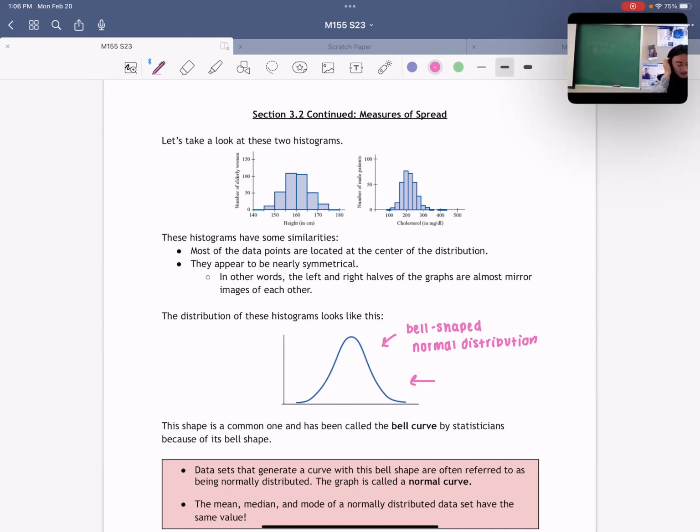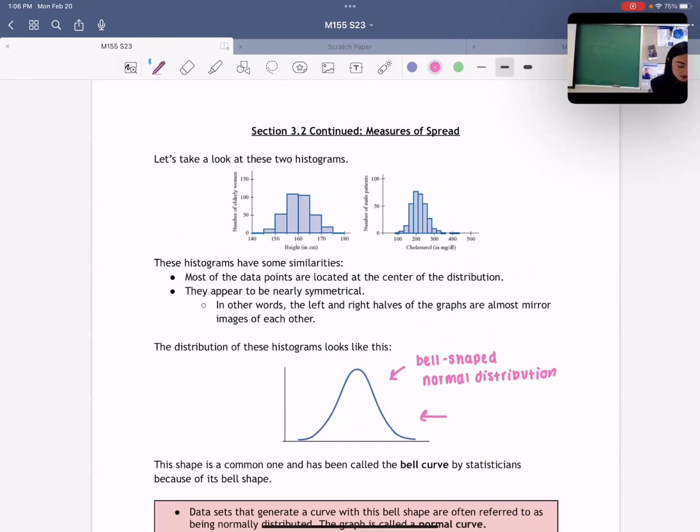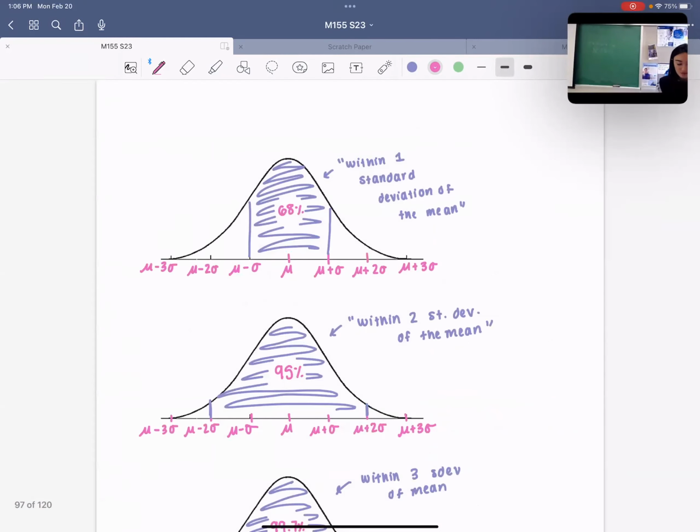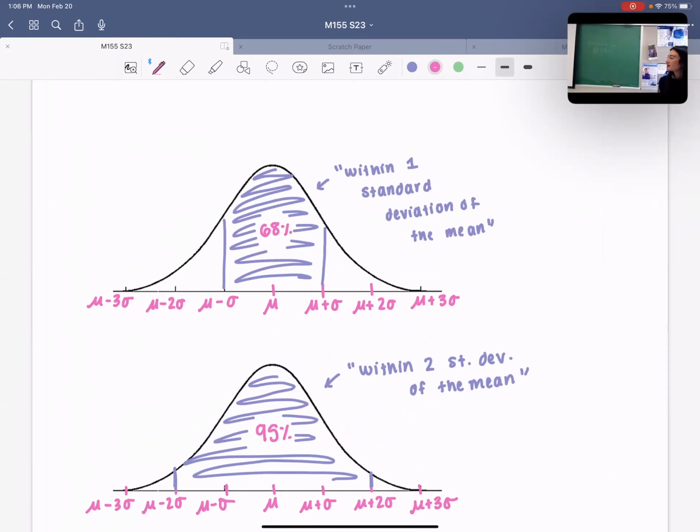Okay. All right, so we talked about this new section here. It's on measures of spread. We talked about numbers that described how spread out the data is, right? And the first set of numbers that we talked about were the mean and the standard deviation. And we talked about this idea of going within 1 or 2 or 3 standard deviations away from the mean, okay?